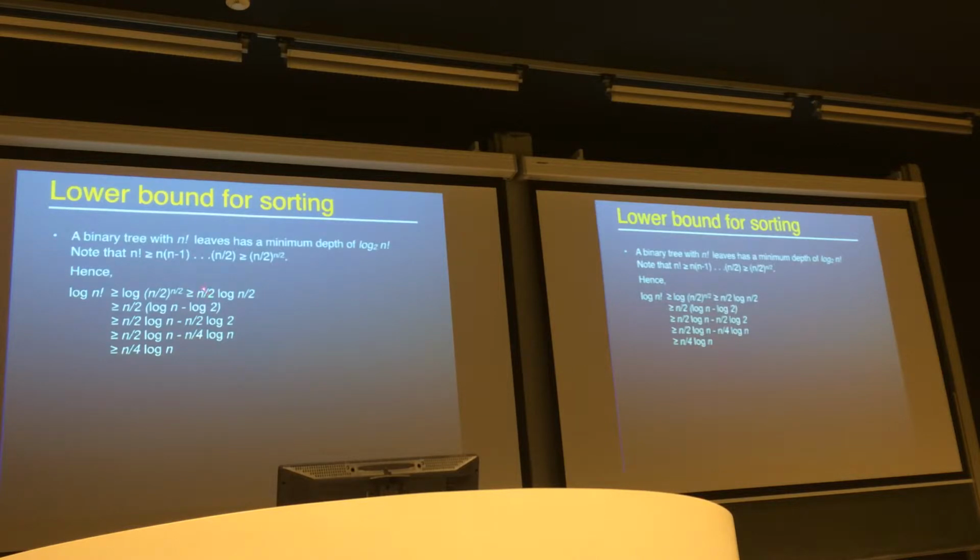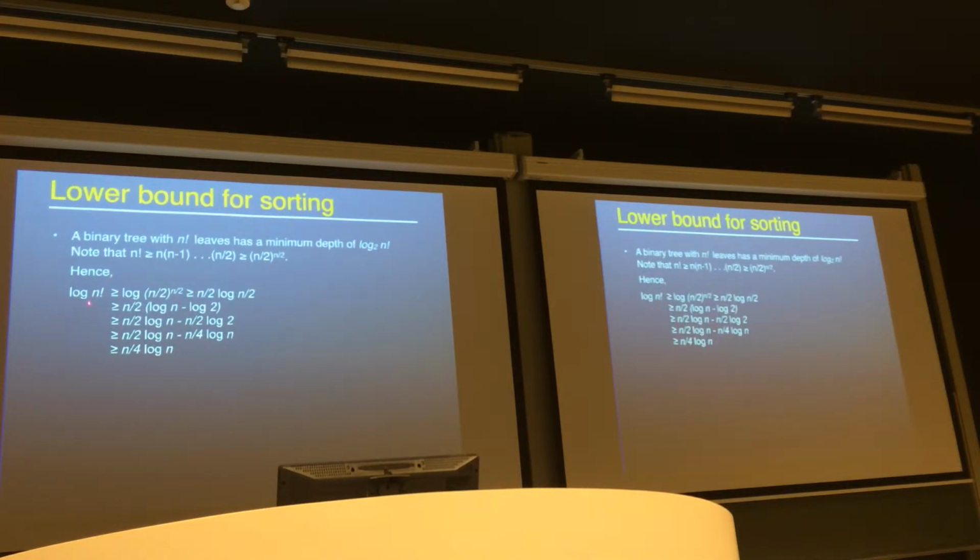That's at least as large as n divided by 2 times log n divided by 2, and that's at least as large as n divided by 2 times (log n minus log 2), by using here, of course, log a divided by b is equal to log a minus log b, and that's n divided by 2 times log n minus n divided by 2 log 2. This can be rewritten finally as n divided by 4 times log n. Well, n divided by 4 times log n is, of course, O(n log n).